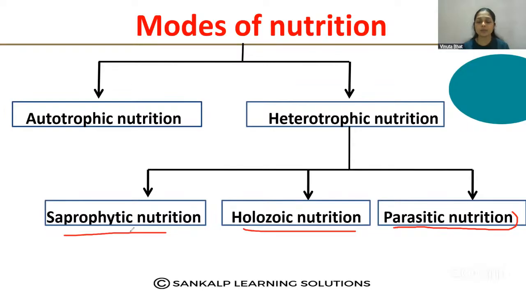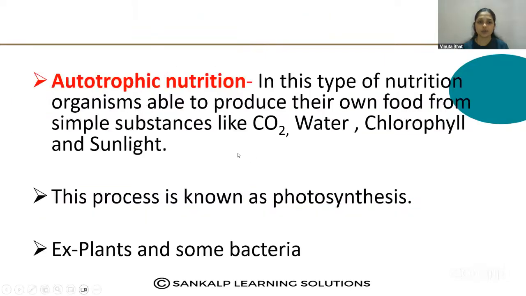Saprophytic nutrition means the organisms which obtain nutrition from dead and decaying materials. We'll learn about this in detail, then holozoic and parasitic, in the next slides. Let us start with the first one, autotrophic nutrition. Then heterotrophic and their types.